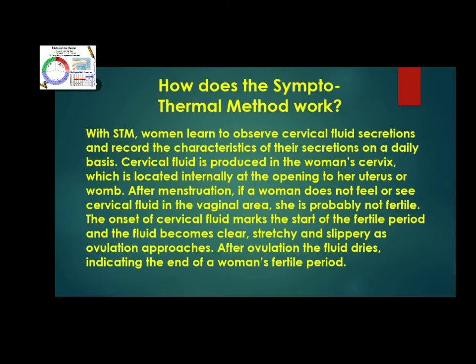After menstruation, if a woman does not feel or see cervical fluid in the vaginal area, she is probably not fertile. The onset of cervical fluid marks the start of the fertile period, and the fluid becomes clear, stretchy, and slippery as ovulation approaches. After ovulation, the fluid dries, indicating the end of a woman's fertile period.